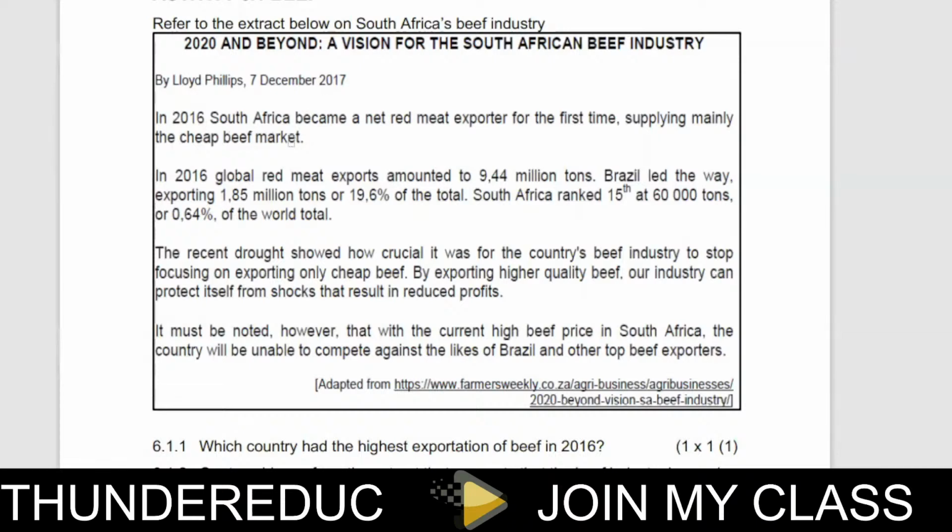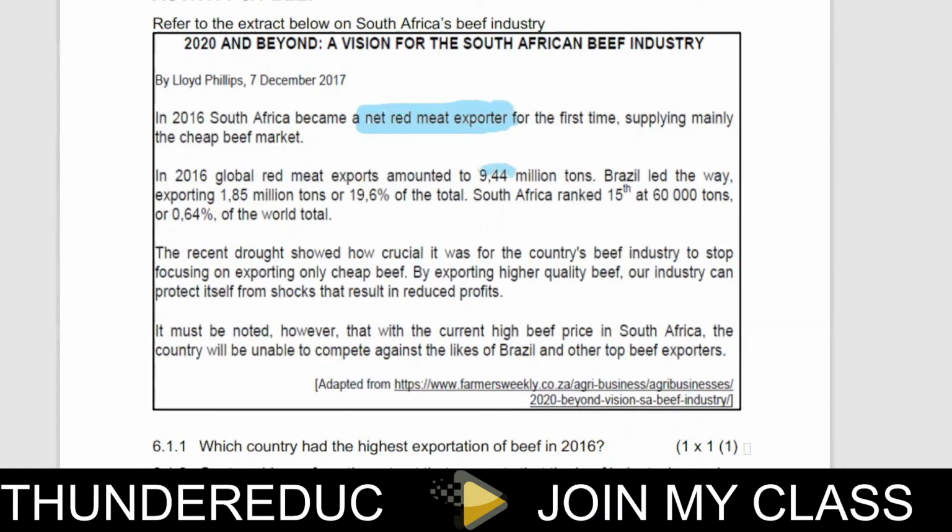It's saying in 2016, South Africa became a net red meat exporter for the first time, supplying mainly the cheap beef market. Can you see that? Here it says net red meat exporter. That means it's exporting red meat, that is the fresh meat that is cut, not preserved, not processed, to the market in 2016. In 2016, global red meat exports amounted to about 9.6 million tons.